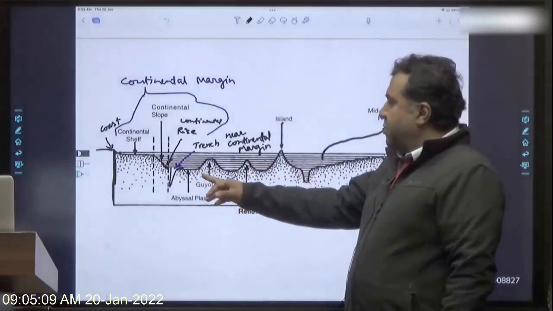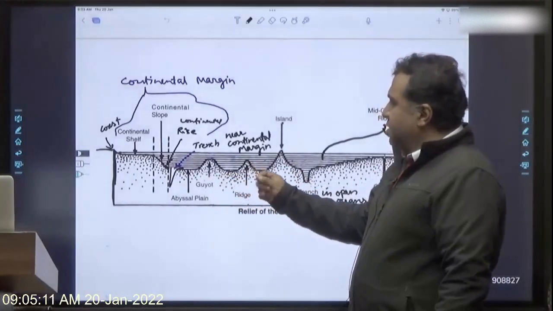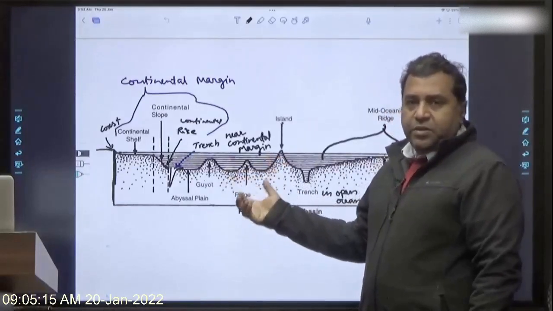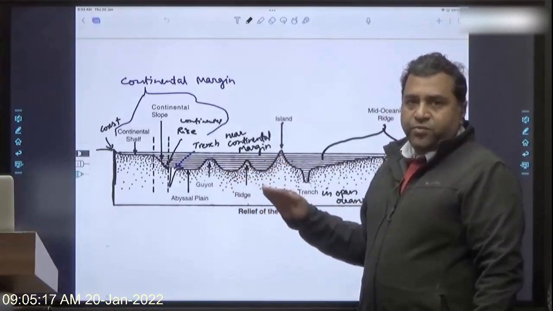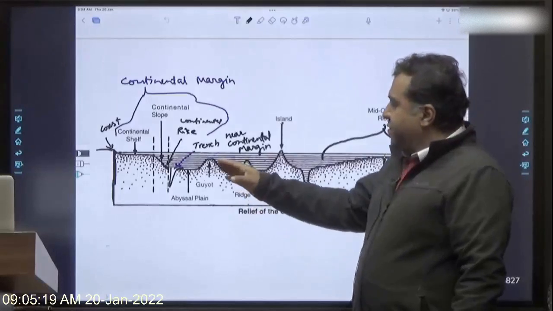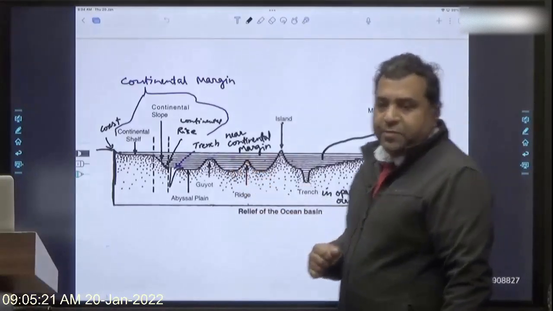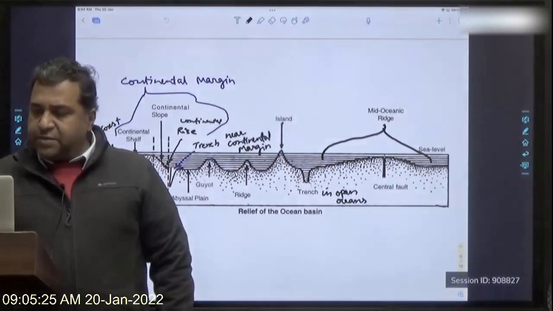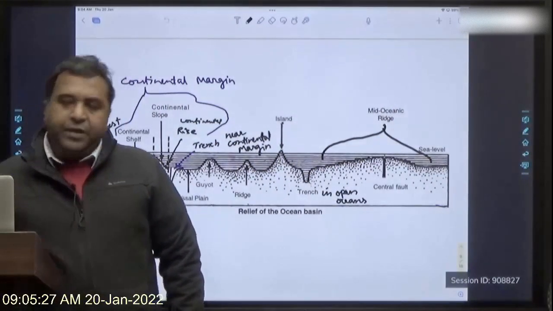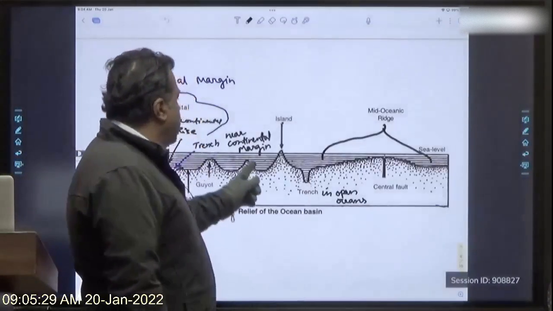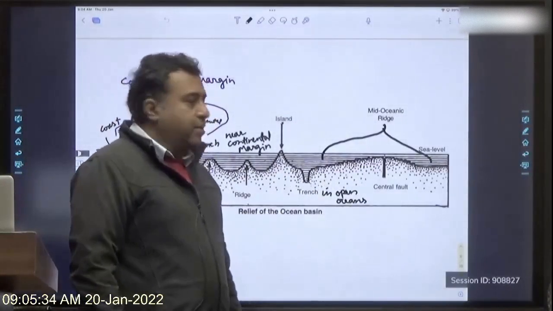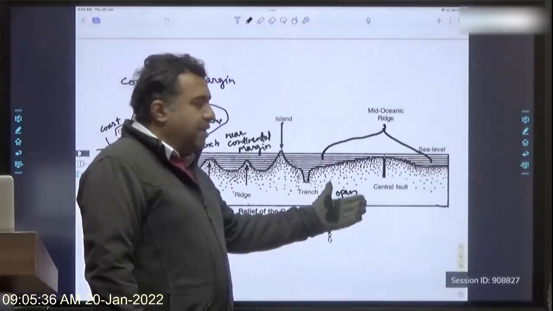Then we saw about the ridges, which are the hills or peaks in the ocean, which are below ocean water, and guyots, which are flat-topped mountains. And then we saw that we also have islands, and finally the mid-oceanic ridges, with the central fault.